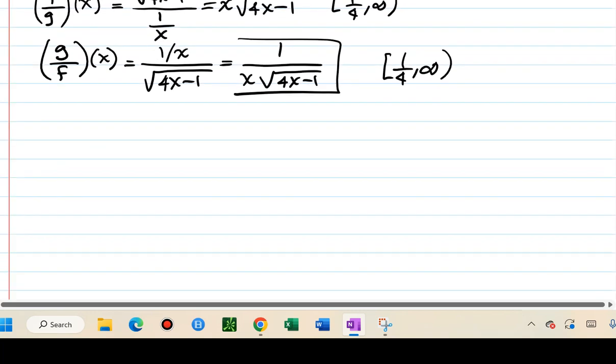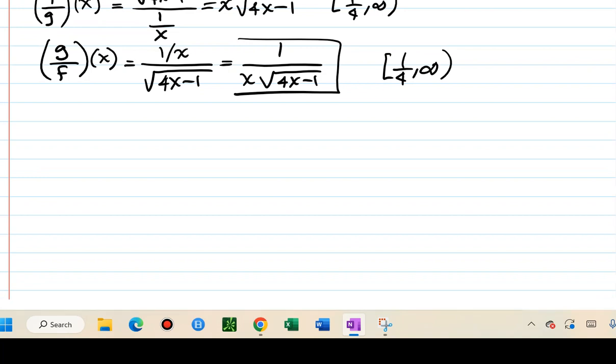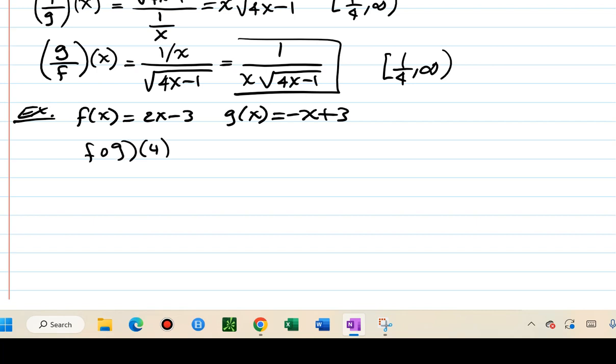Let's take a look at something new. We did enough difference quotient, I think. We're good on that one. Let's do a composition. So for our composition now, let's say f of x is 2x minus 3 and g of x is negative x plus 3. Suppose I want to do f of g of 4.